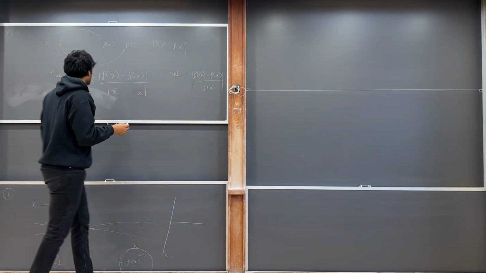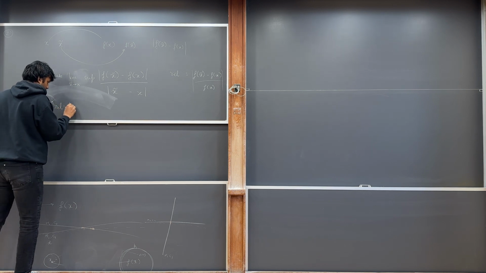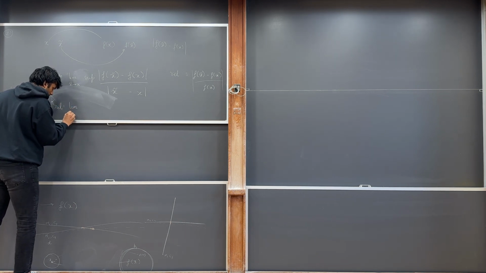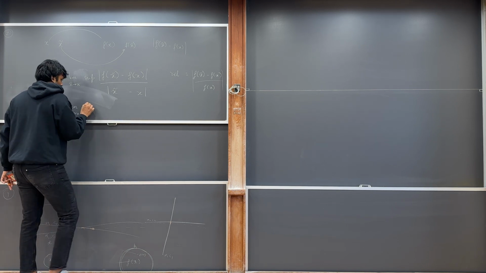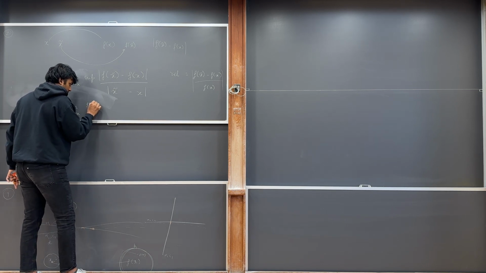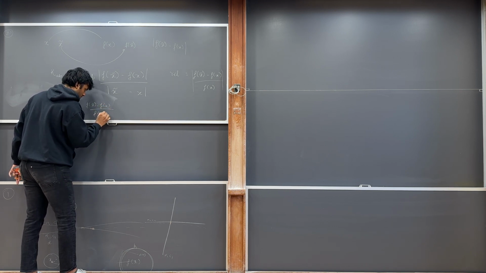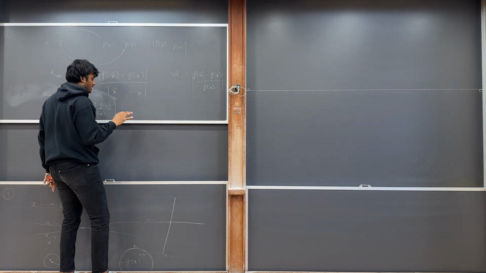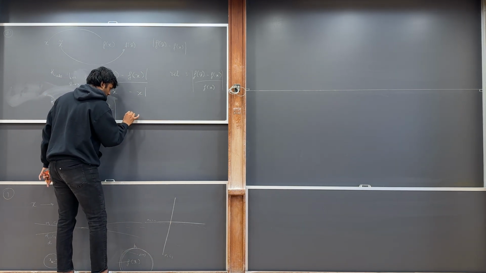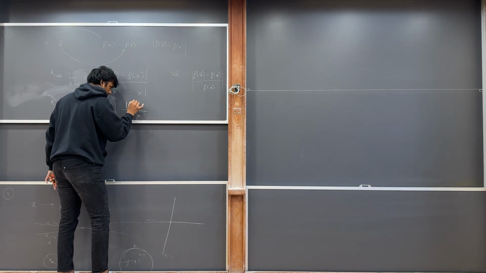So my relative condition number, k relative, is the limit as x tilde tends to x of f of x tilde minus f of x divided by f of x, this whole thing divided by the relative error in my input, which is x tilde minus x divided by x.